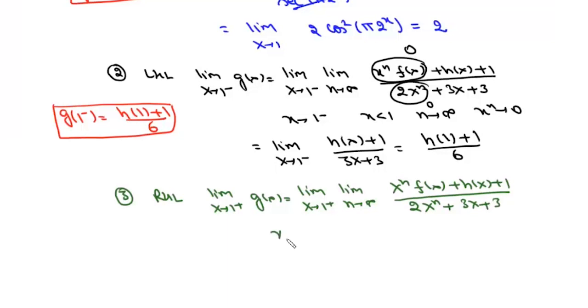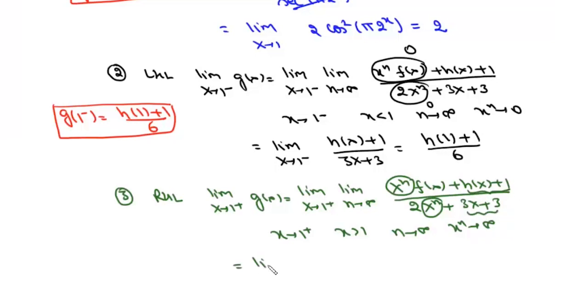Now when x approaches 1 positive, that means x is greater than 1. And if x is greater than 1, then as n approaches infinite, x to the power n also approaches infinite. So what we'll do is, we'll divide everything with x to the power n. And if we divide everything with x to the power n, we'll have h x plus 1 upon x to the power n and 3x plus 3 upon x to the power n.